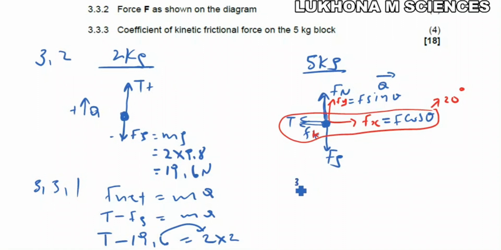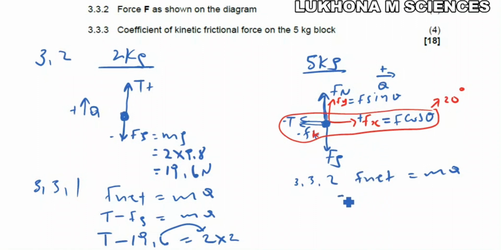Whenever you deal with Newton's laws, you must write F net is equal to MA. The acceleration is directed to the right, meaning that this one must be positive, and these two must be negative.